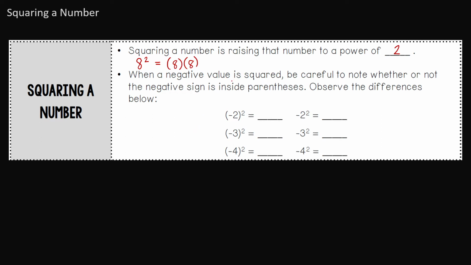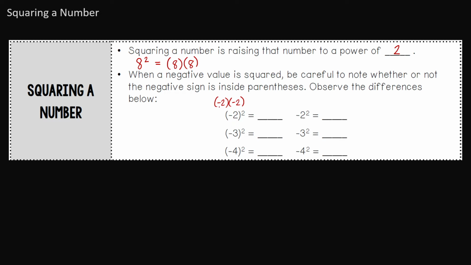When a negative value is squared, we need to make sure to note whether or not the negative sign is inside the parentheses. That makes a very big difference. For example, (negative 2) squared just means negative 2 times negative 2. Again, the negative is inside the parentheses with the 2.